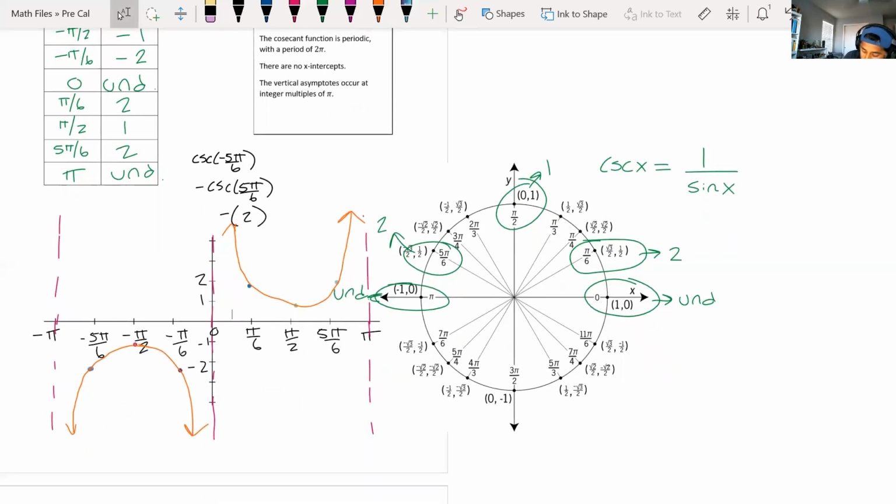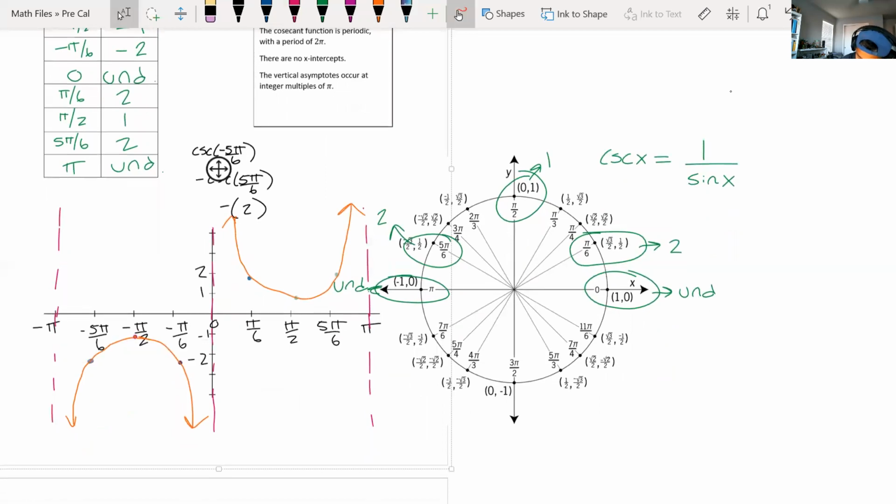Okay, so we see our domain, that it's all reals except for integer multiples of pi. So for my domain, we say x can't equal pi k, where k is any integer.